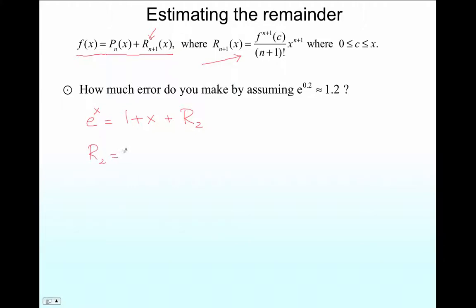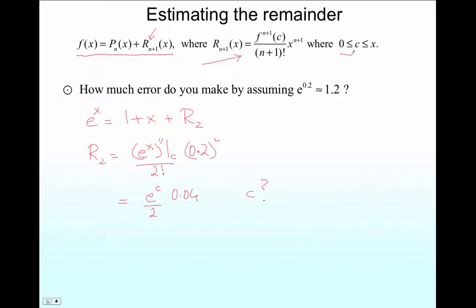R2, if we look up over here, is the second derivative of the function evaluated at x equal to c divided by 2 factorial, and the value of x that we're considering is 0.2, so that gets squared. If we differentiate the exponential twice, you get the exponential itself, and so we have e to the power c over 2 into 0.04. And now the question is, what is c?